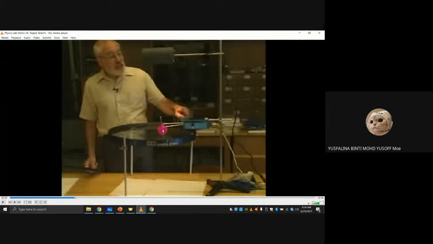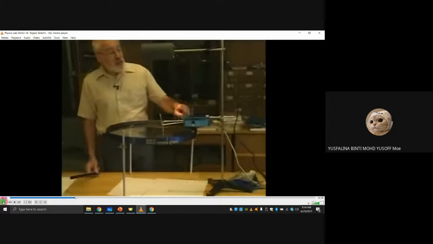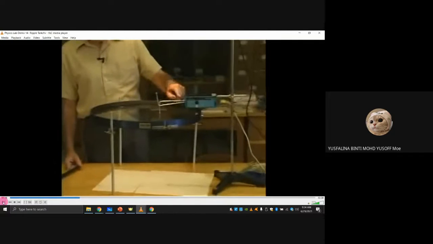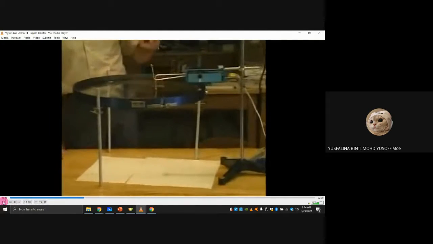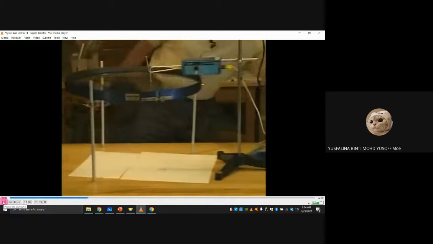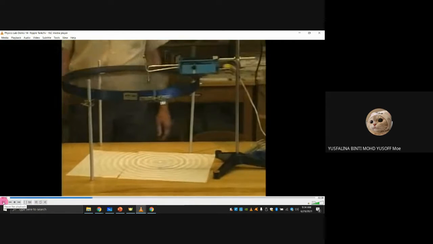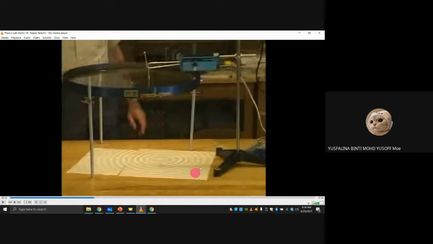And this is the dipper. The dipper will vibrate. So you see when the dipper is vibrating, it will produce a wave here. This is the circular wave, right? So this is the ripple tank.